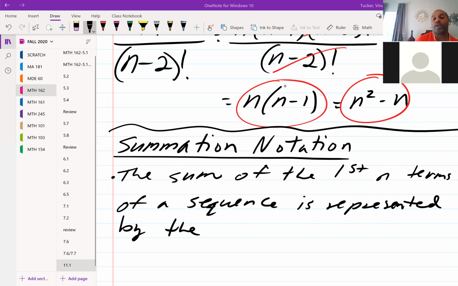Well, as far as they would tell you, that's the difference between a finite sequence and an infinite sequence. If it's infinite, we're going to talk more about that, I think in 11.2, when we look at arithmetic sequences. But for the most part, if it's going to end, they will tell you what the end is going to be. That's why they keep saying like the first n terms or whatever. But if there is an infinite sequence, that will be stated as well.